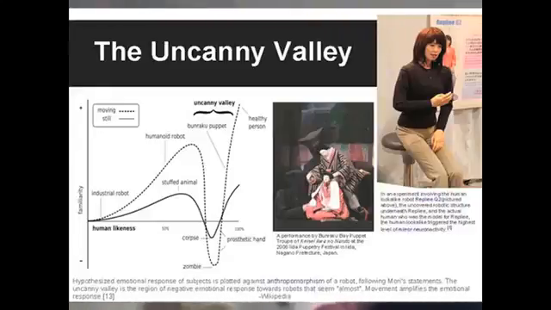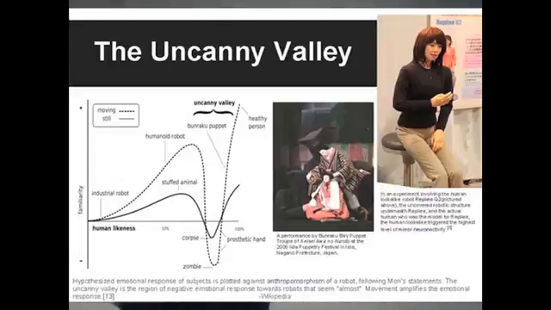Yeah, if you read the stuff at the bottom, hypothesized emotional response of subjects is plotted against anthropomorphism of a robot. Following Mori's statement, who I think was the guy that originally proposed it, the uncanny valley is a region of negative emotional responses towards robots that seem almost, but not quite right.